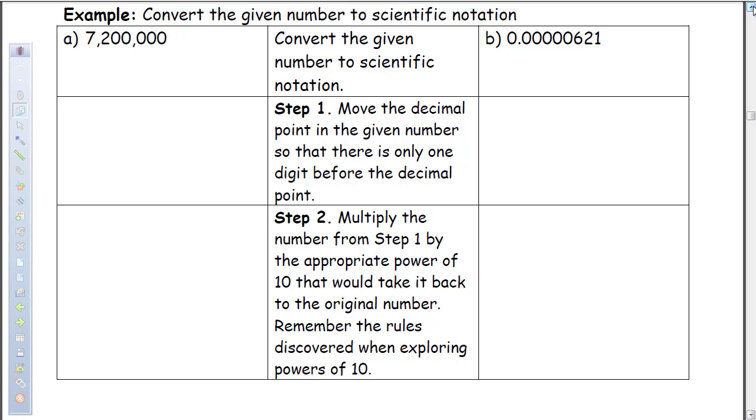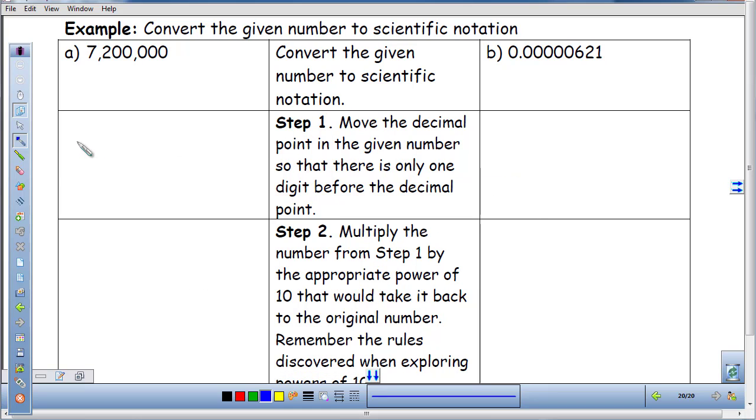It says first, we're going to move the decimal point in the given number so that there's only one digit before the decimal point. So we've got 7.2. Very good. Now we need to multiply the number from step 1 by the appropriate power of 10 that would take it back to the original number. We have to reconstitute it.